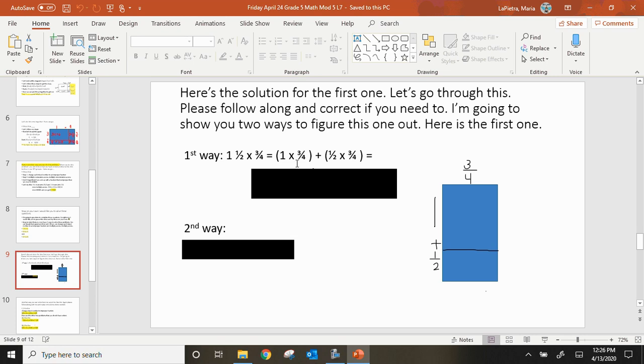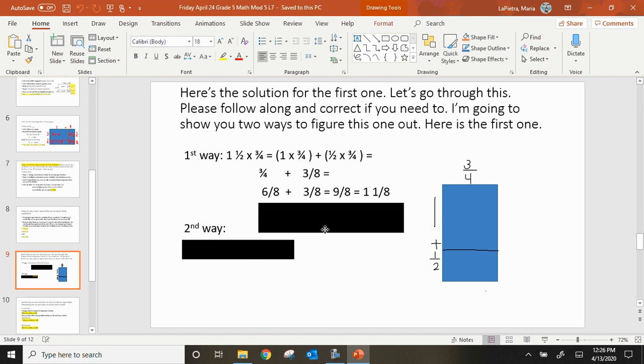So you have 1 times 3/4 and half times 3/4, and then we're going to add those together. So I have 3/4, 1 times 3/4 is 3/4, plus a half times 3/4 is 3/8.